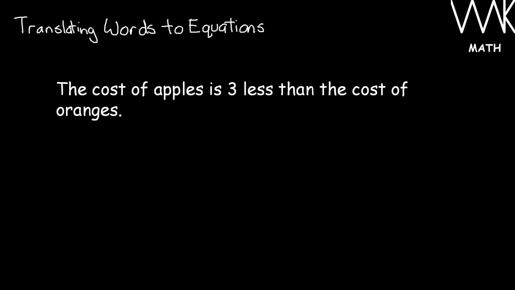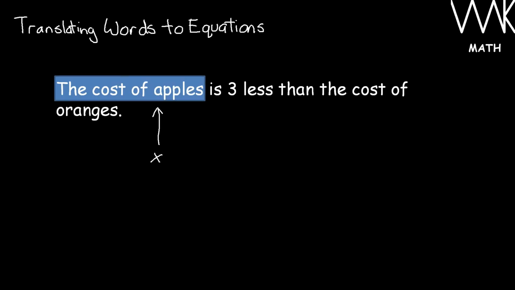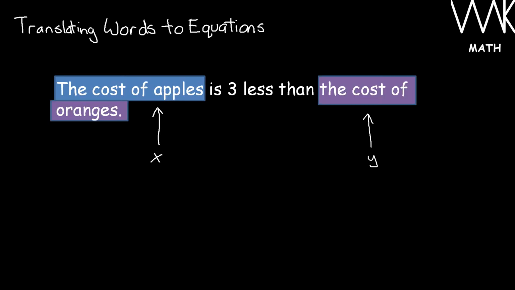The cost of apples is 3 less than the cost of oranges. First question, what are the variables in this statement? We actually have two. The cost of apples, which I'm going to represent as X, and the cost of oranges, which I'm going to represent by Y. After that, let's identify our linking statement.